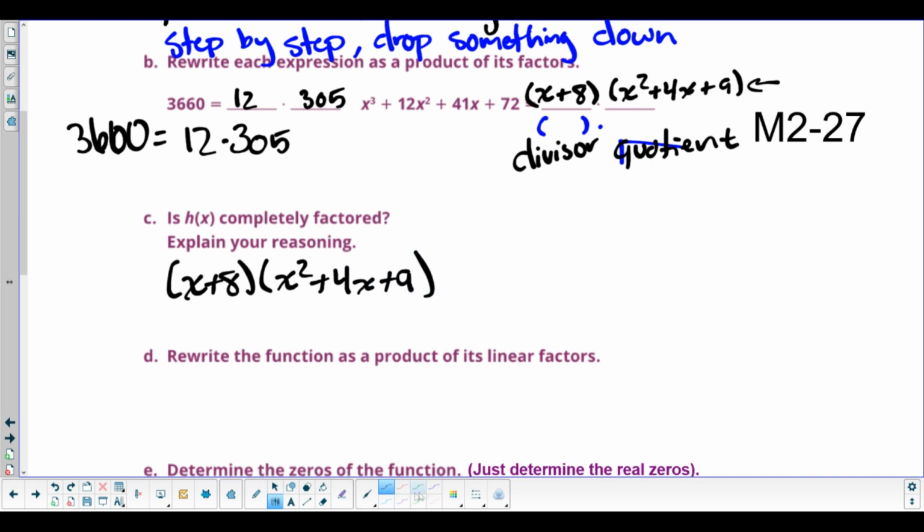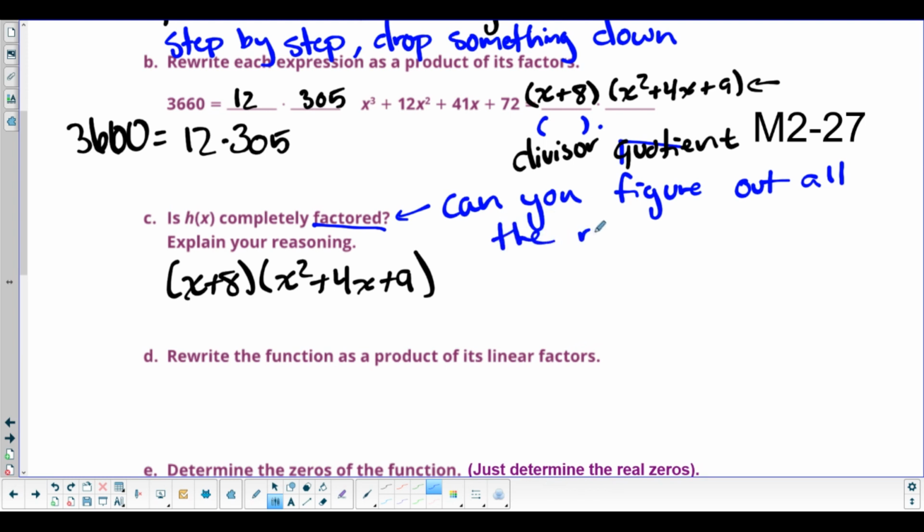And really what it means to be completely factored is, can you figure out all the real zeros? Now, on first inspection, you might think, oh no, because we have this quadratic, and without factoring it, you can't figure out the zeros.